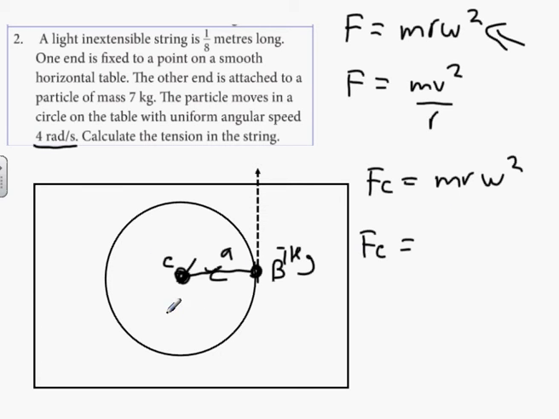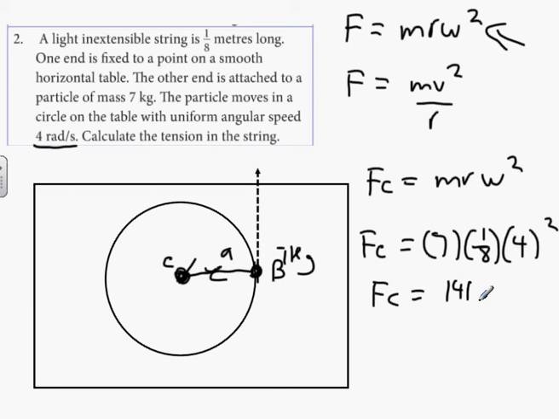The force needed to keep this moving in a circle is going to be 7 kilograms times 1/8 multiplied by 4 squared. Your centripetal force therefore equals 14 newtons. Everybody right with that? 14 newtons.